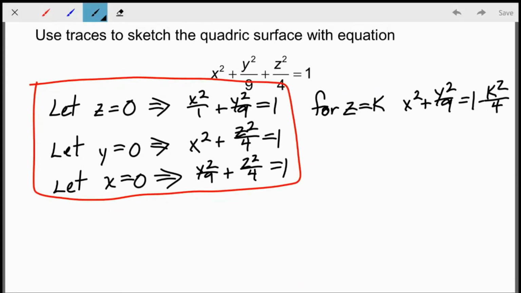So now let's go through, how do we actually sketch this? Well, what I want to do is create my coordinate space, my 3D space, and I know that the largest distance I'm going to have to go from the origin is going to be 3 units, and that would go in the y direction. So remember, this is x, this is y, and this is z.